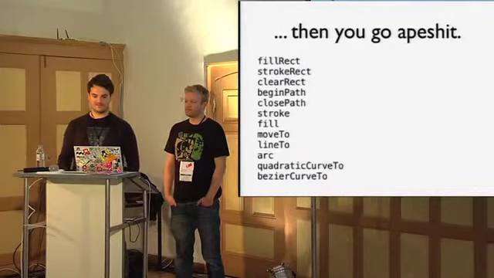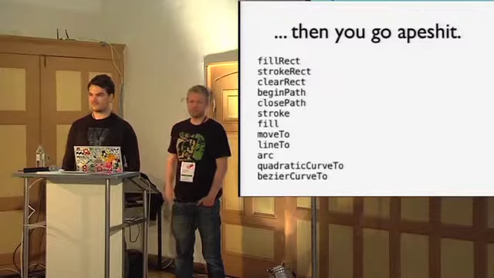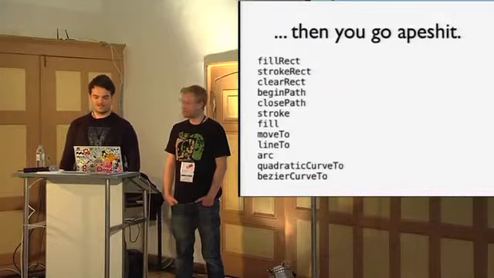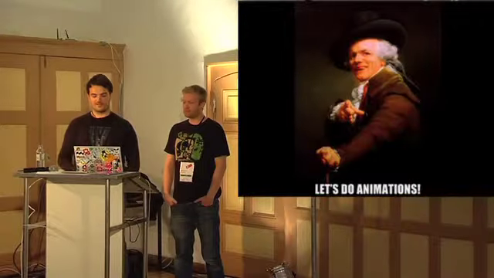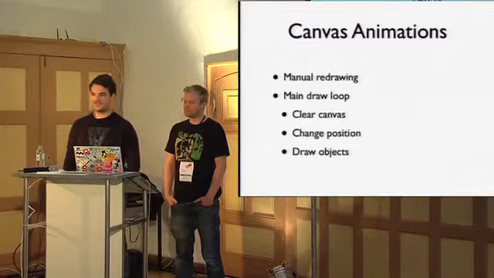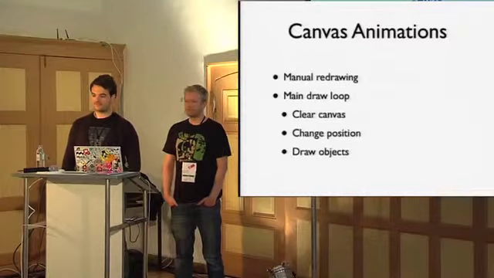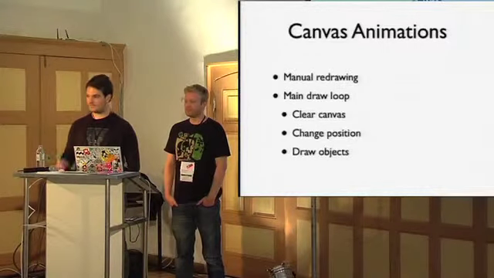You can draw rectangles, arbitrary paths, quadratic curves and stuff like that. I mean, you can build everything with Canvas. So let's do animations with Canvas. How does that work? At first I was kind of surprised: you have to do everything manually.